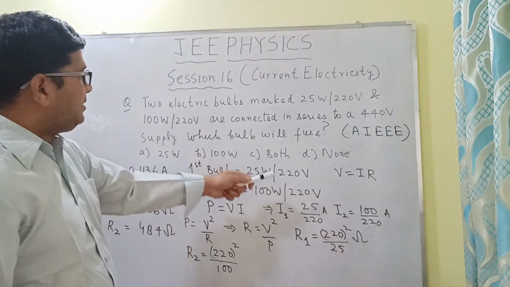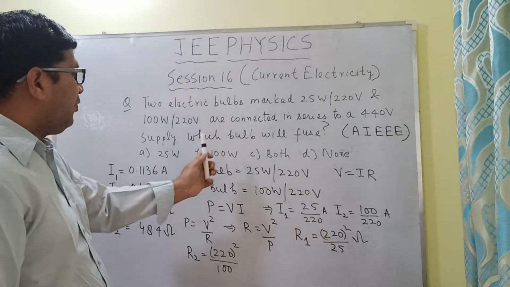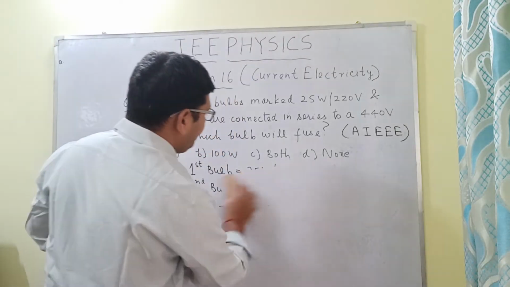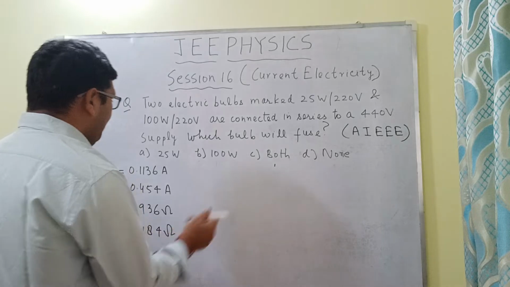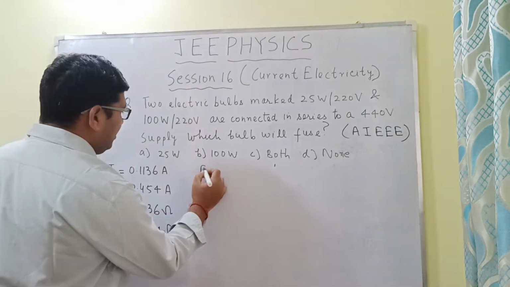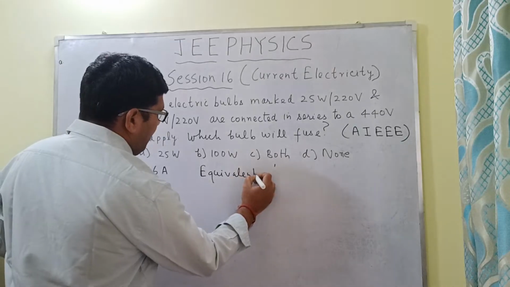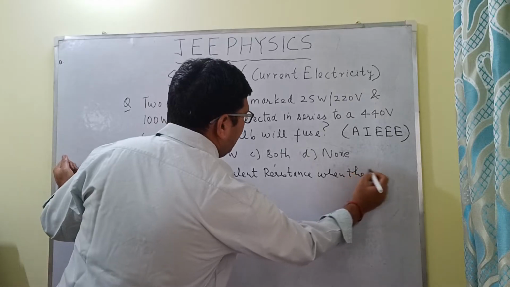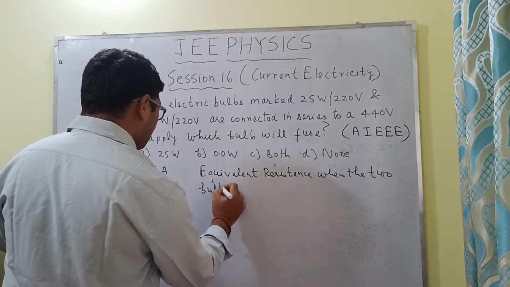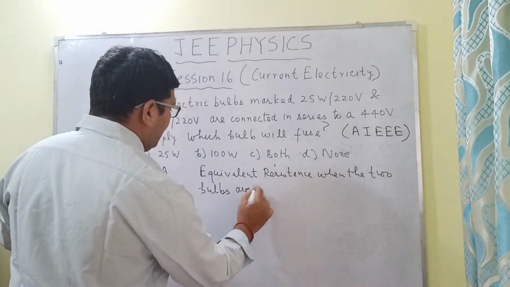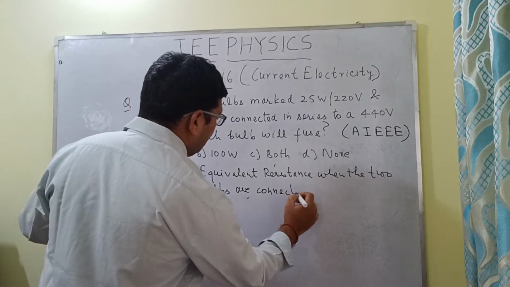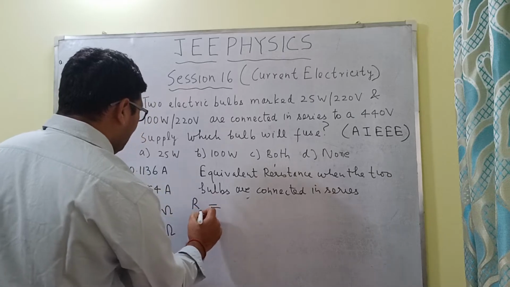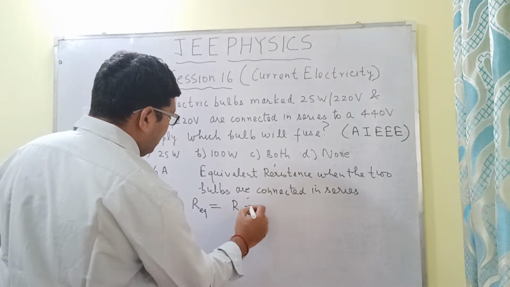So when both these two bulbs are connected in series to a 440 volt supply, first of all we have to find the current which is flowing in that circuit. अब equivalent resistance when the two bulbs are connected in series, this will be equal to, say, R equivalent, this will be equal to R1 plus R2. ठीक है.